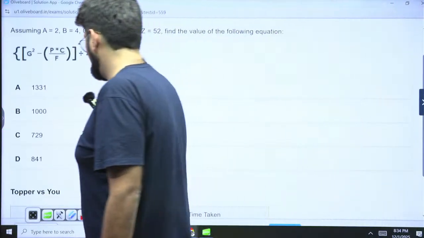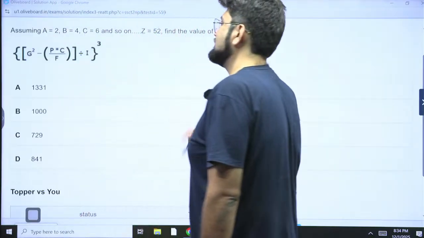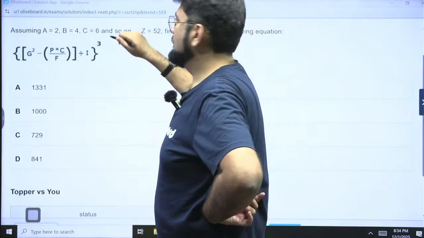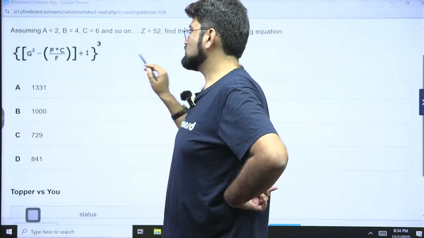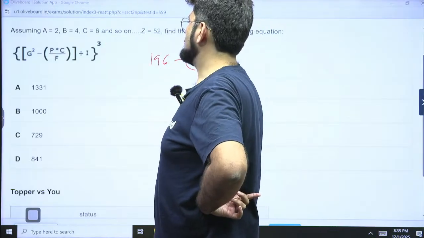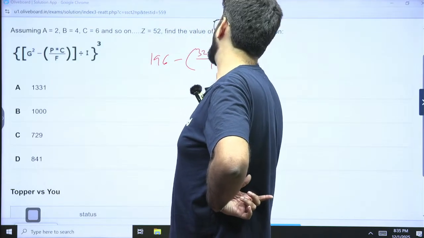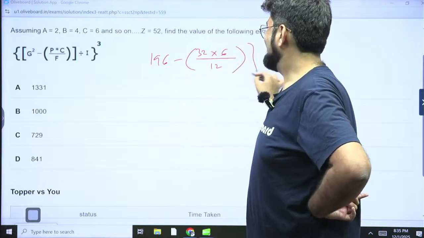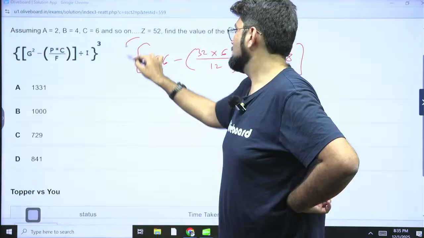This is again a verbal question. A is 2, B is 4, C is 6. So they are just doubling it, okay? So now G square, G is 7, so 14 square, that is 196, minus P into C, P is 32, into C is 6, divided by 12, okay? And this is divided by 9 2s are 18, and this is being cubed.